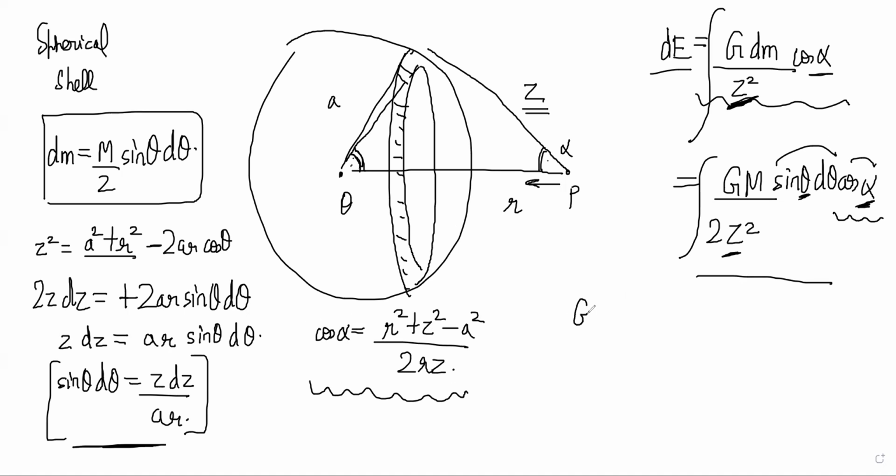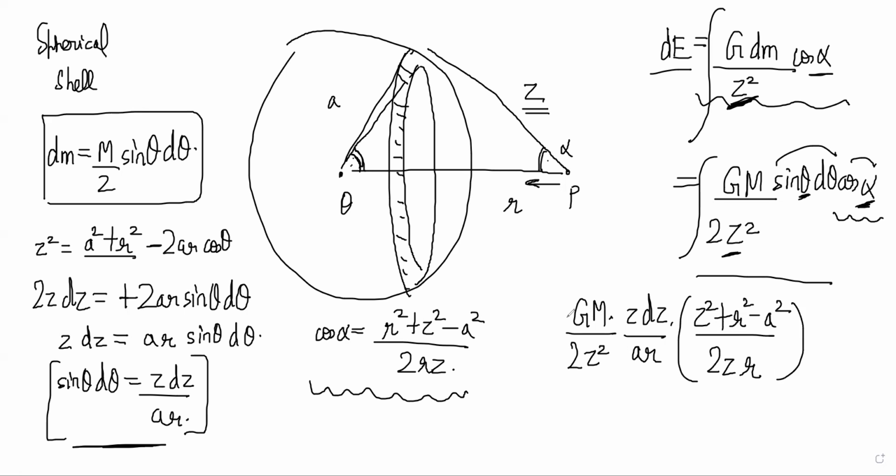We get gm by 2z square. Sine theta d theta becomes z dz by ar, and cos alpha becomes z square plus r square minus a square by 2zr. One z gets cancelled, and this becomes 4.